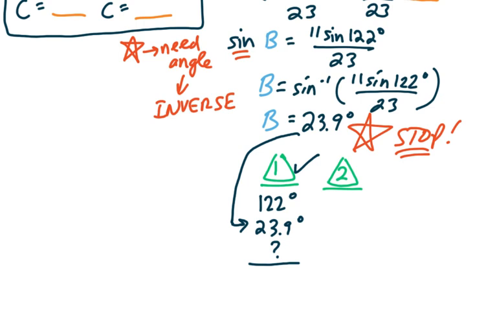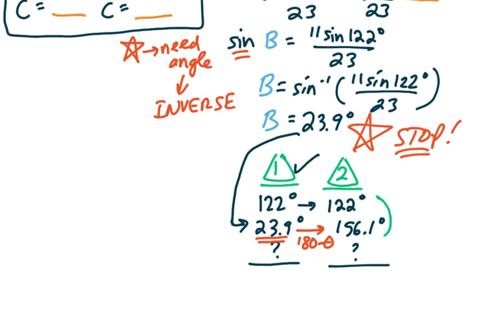If there's a triangle 2, here's the chat. We still have 122. It was given to us. And then here's the trick. We take the angle that you found and we subtract it from 180 to see where it swings into the second quadrant. If I subtract 23.9 from 180, I get about 156.1 degrees, I believe. Now, in that triangle, is there room for a third angle?